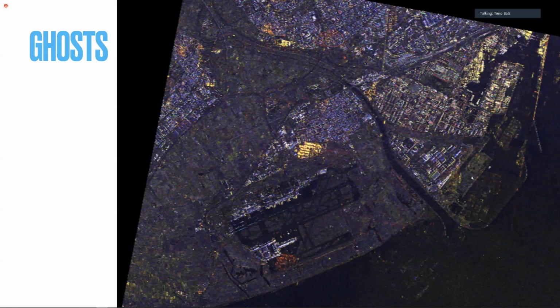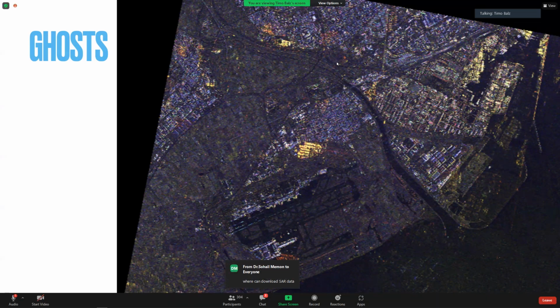And we can also find them around here in the water. The other ones would be outside of the image actually, so we don't see them. So this is just a ghost effect from this very strong signal here.